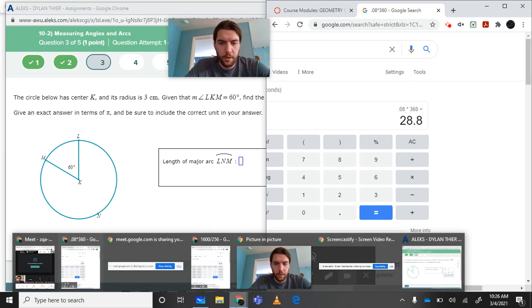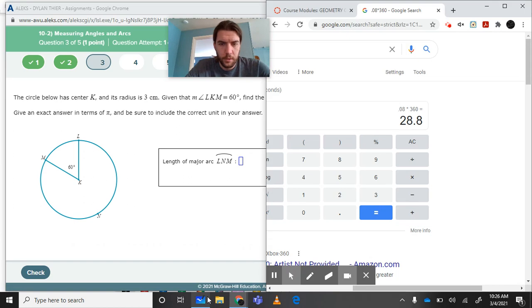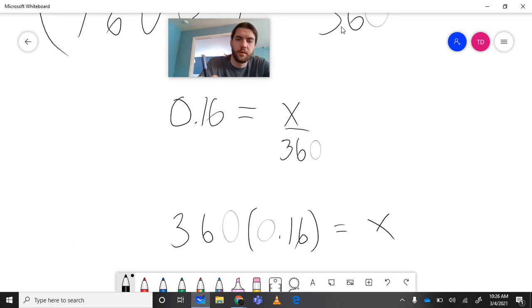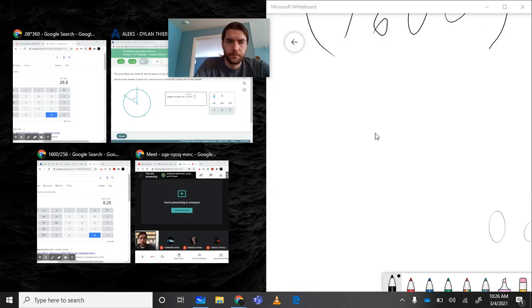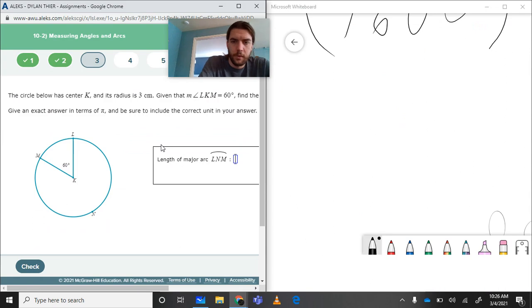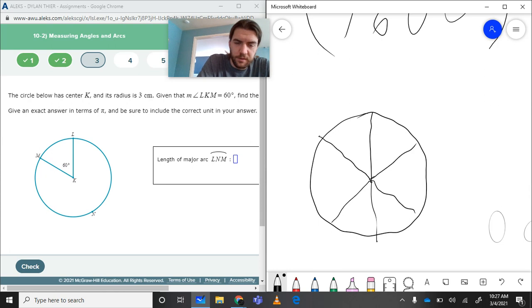So if you think about that as a fraction, 60 out of 360 would be like 1/6, right? If we have this circle here, you have 60 degrees. Well, that is going to be 1/6, right? If I continue making 60-degree chunks, I would make 6 of them.